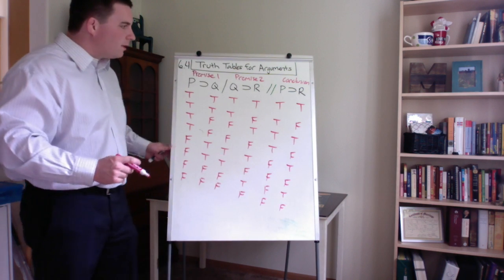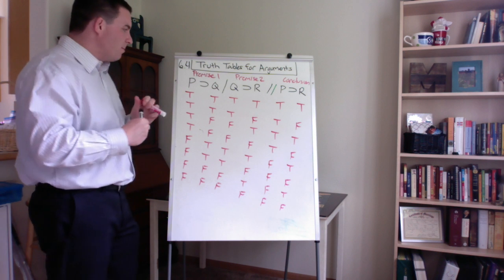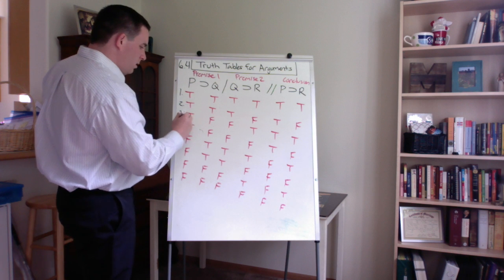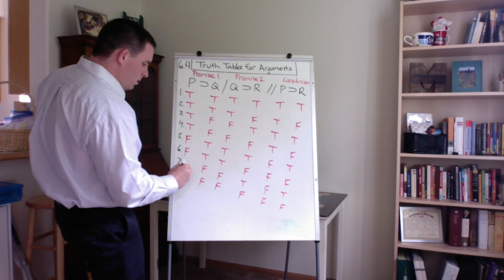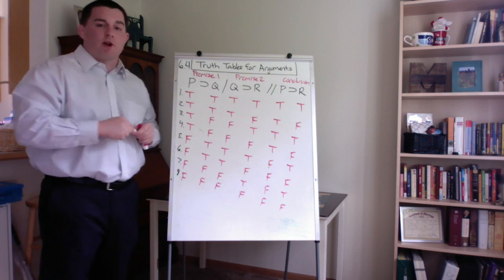Okay, so it looks like we're done here. I will go ahead and number these lines for you. Okay, so there we go. A little bit easier to keep track of.